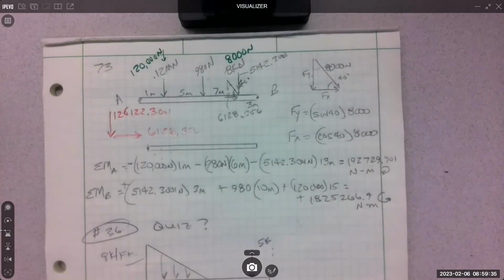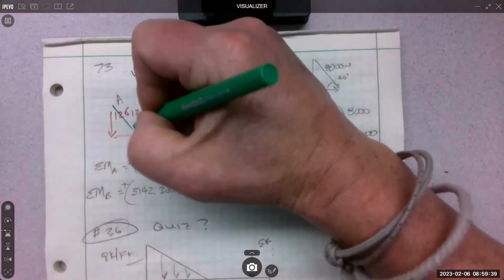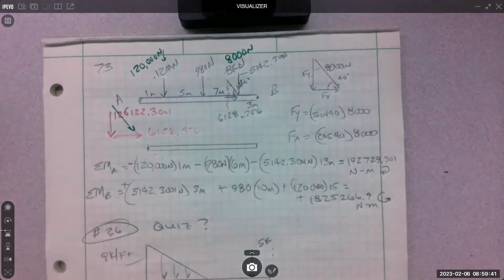And how do we get it? Pythagorean theorem, over and over. There's R. So you square them both, add them together and then take the square root.